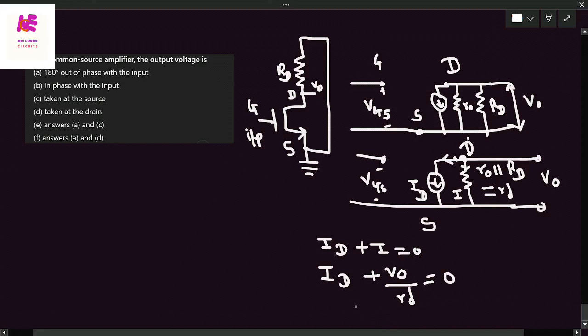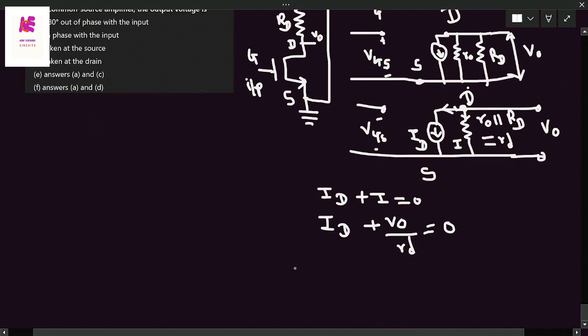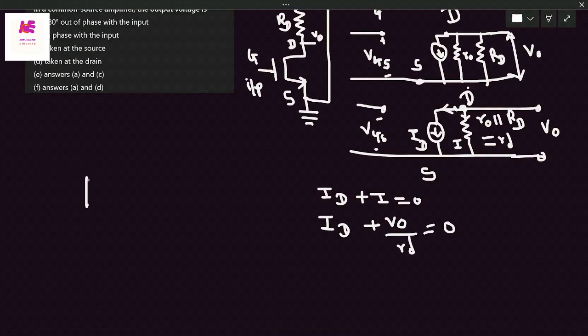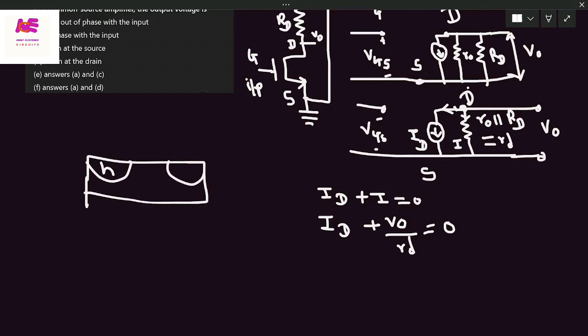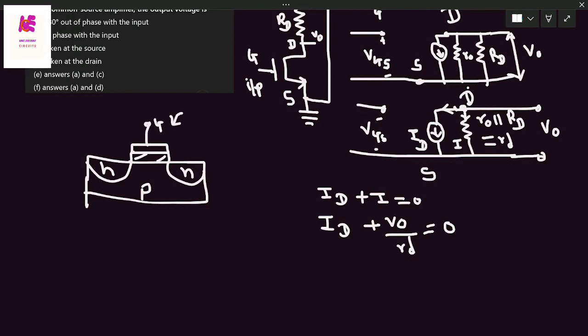And what about ID? ID is simply, as per the MOSFET operation, as I'm drawing, this is the MOSFET, this is the source, which is N, this is the drain, which is again N. I'm taking the example of an N-channel MOSFET. P is the substrate, this is the oxide, and the polysilicon, and this is the gate terminal. So if you are going to apply the input voltage, what happens here?